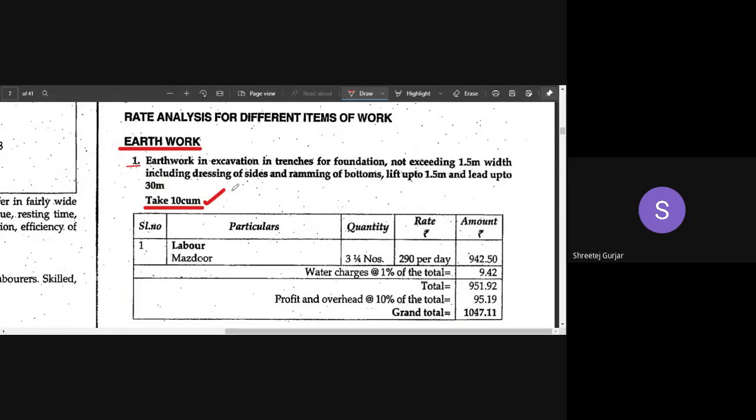Now there is no material cost over here. Why is there no material cost in earthwork? Can you justify this particular statement? Why is there no material cost to be included in earthwork? You can also see in the table we have directly included labor cost.